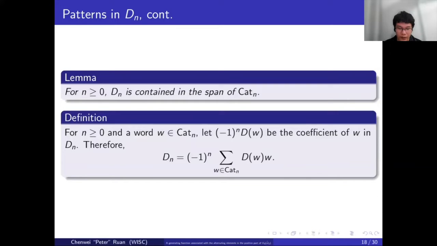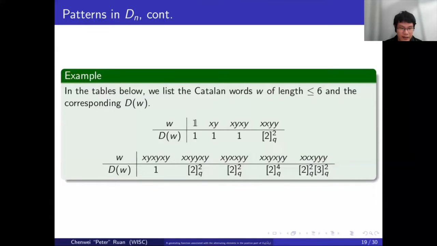Okay, so now we will want to find out what each d(w) is. So let's look at the examples. We list down the Catalan words of length up to 6 and the corresponding d(w), and we can see that d of the trivial word is 1, d of xy is 1, and d of xxyy is the bracket [2]_q squared, and d of the Catalan words of length 6 are as follows.